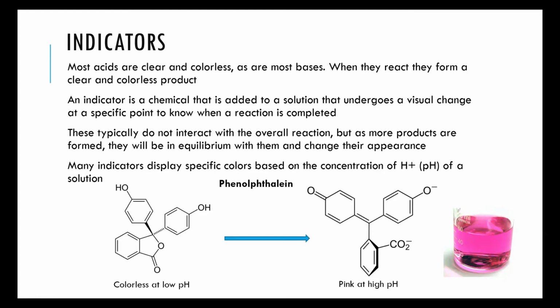So in a situation where the equivalence point is at exactly 7, one indicator would be best. If the equivalence point is at a pH of 9, a different indicator would be best. Knowing what indicators change color at what pH can greatly help in a lab setting when you're looking at a titration, and it can reduce the number of calculations that might be needed if you were calculating an actual pH curve.